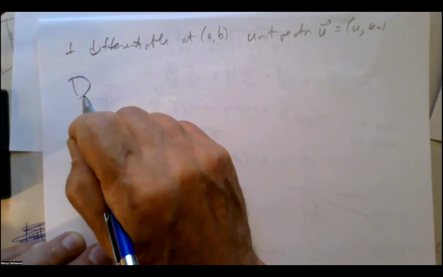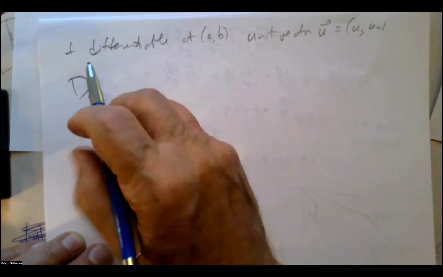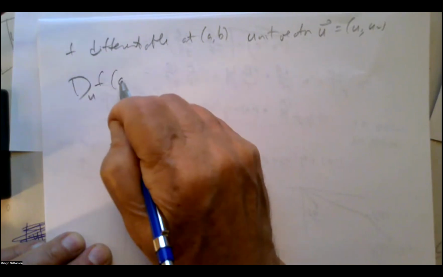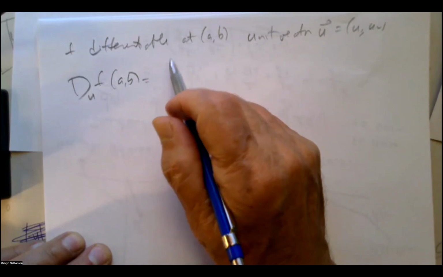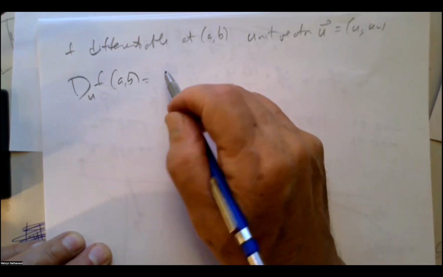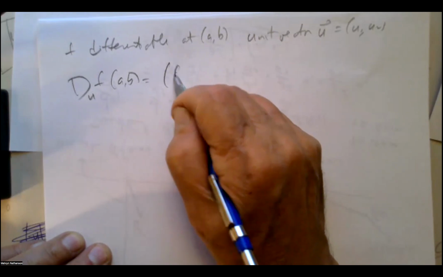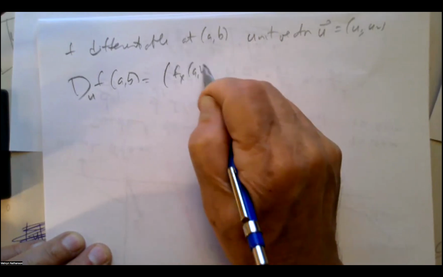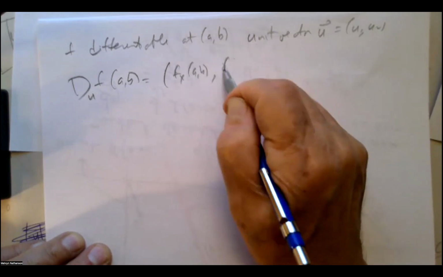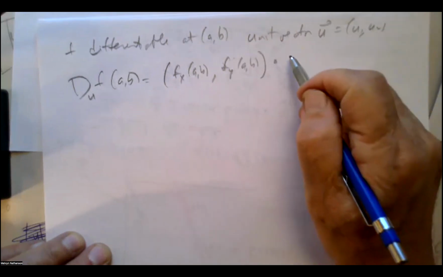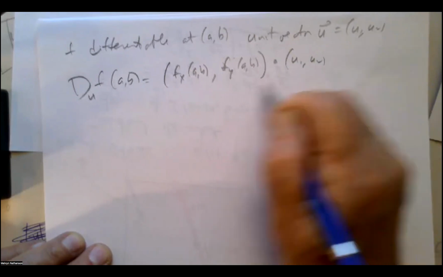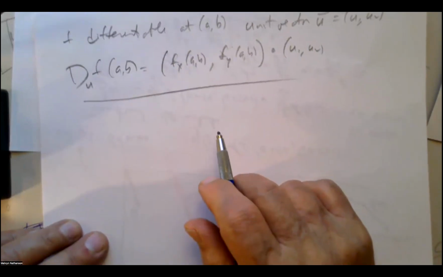The directional derivative in the direction u of the function f evaluated at (a, b) is the inner product or the dot product of (partial of f with respect to x at (a, b), partial of f with respect to y at (a, b)) with u. That's the directional derivative.